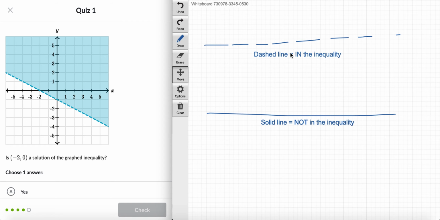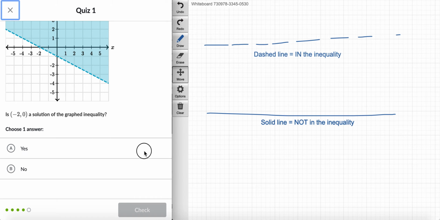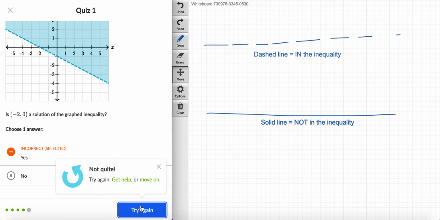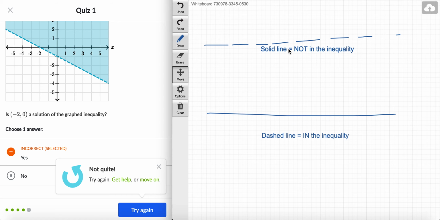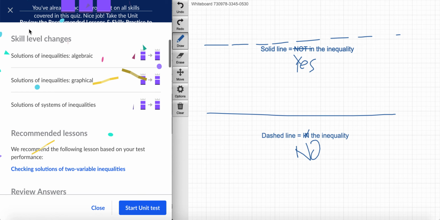Alright, it's a dashed line, it's right there. Oh, no, I'm sorry, I have it wrong. My bad, cross that out. I'm still confusing myself. I'm sorry, I messed it up.